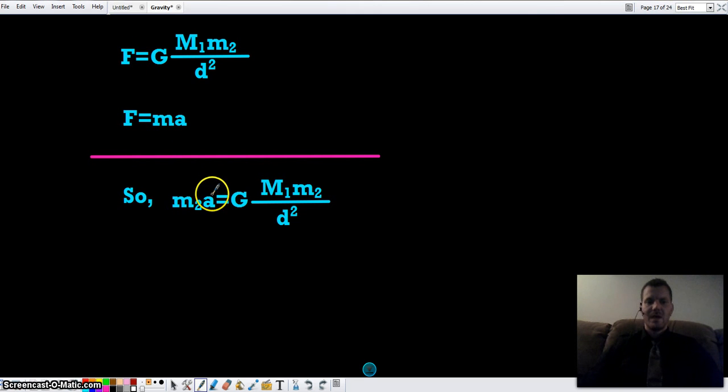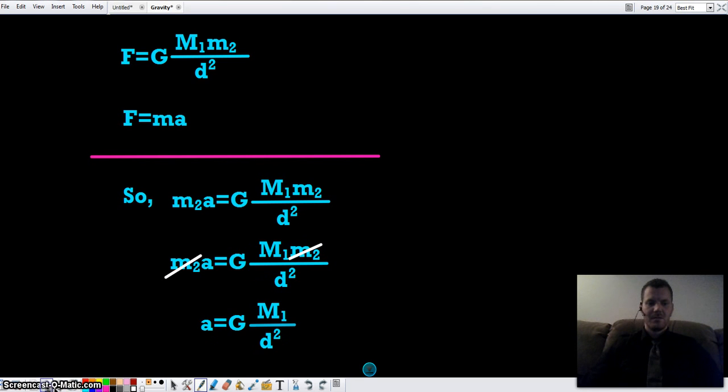So m2a, or mass 2, our mass, times acceleration is equal to the gravitational constant times the mass of the planet times the mass of us divided by distance squared. We can do some canceling here. We can cancel our mass on this side with our mass on that side. So now the mass of us, or the hammer, or the boulder, none of it matters. Acceleration is equal to gravity times the mass of the planet divided by the distance squared.